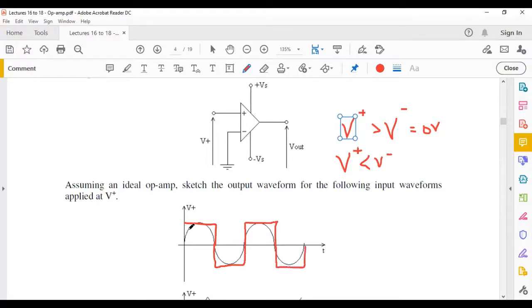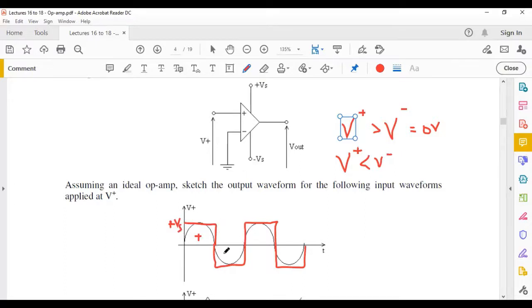In this positive half cycle here, your V plus is more than 0 volts, so your output will saturate at plus Vs. This is plus Vs here, on the graph shown on the right, and the other side is minus Vs. For the region where your V plus is more than 0 volts, you have positive saturation.